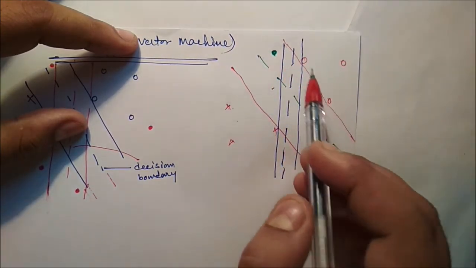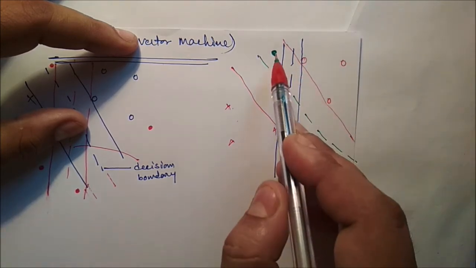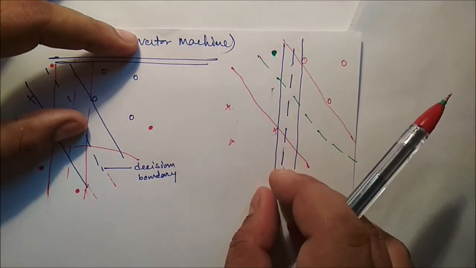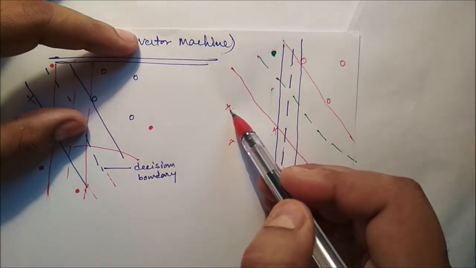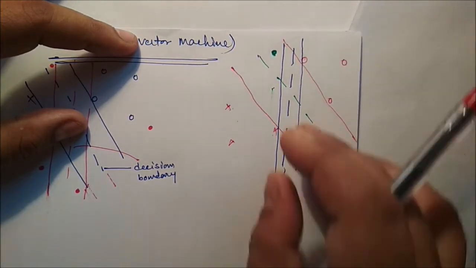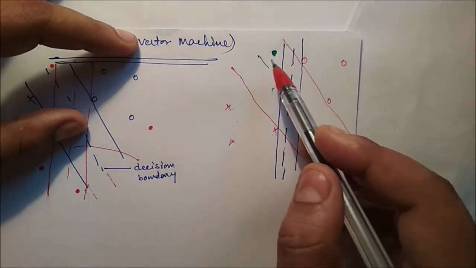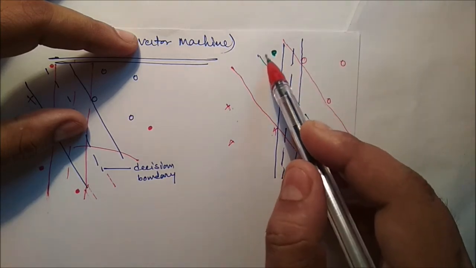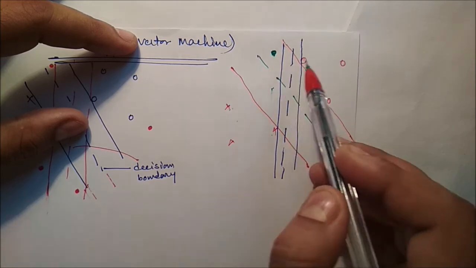But you can see this data point is very near to the circles, so definitely its class label should be circle, not cross. If you select this as the hyperplane, it will classify the data this way. But conversely, if you use this other one as the hyperplane, this data point is on the right side of the decision boundary, which means it belongs to the circle.